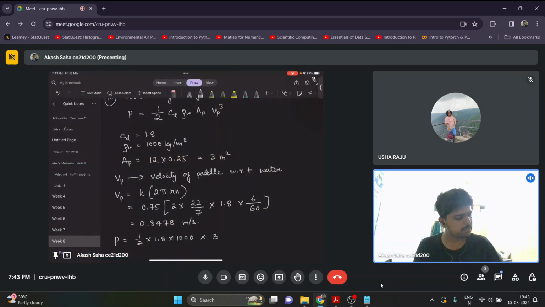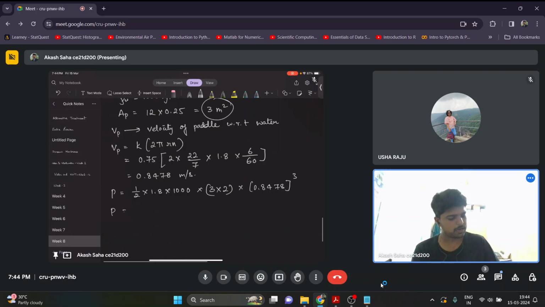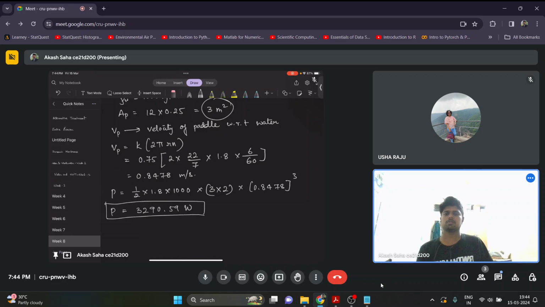So my area, area per paddle was 3 meter square, so for two paddles it will be 3 into 2, and then the velocity cube, 0.8478 cube. So my power will be equal to 3290.51 watts. So this will be my power, 3290.59 watts.